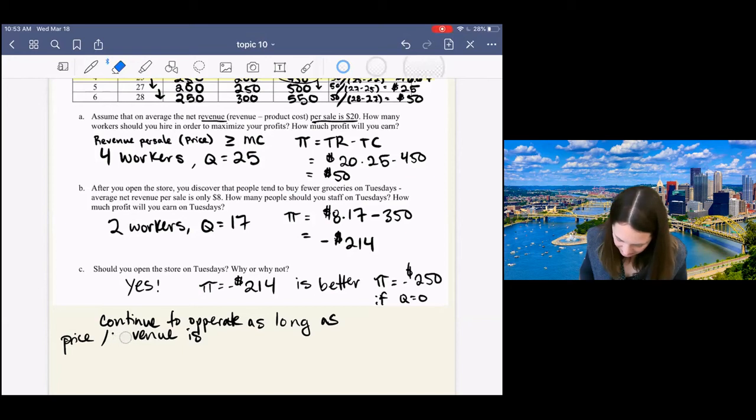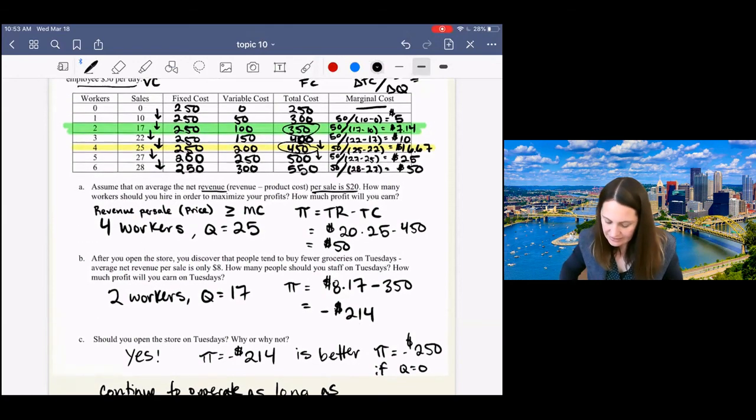Let me just specify that this is price or marginal revenue. Okay, so we're going to continue to operate as long as price or marginal revenue is greater than $5. And I can see that by looking here in my table. That's the lowest price at which it's worth it to hire one worker.